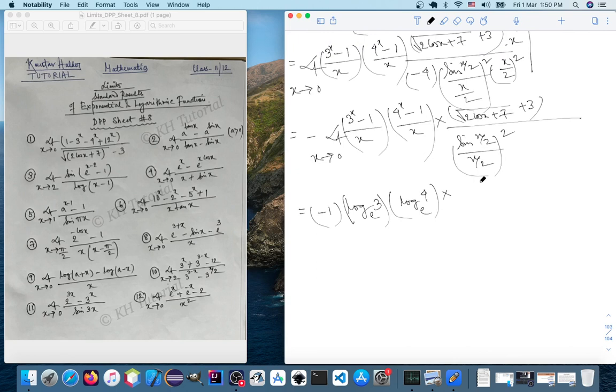Over here we will get 3 plus 3, 6, and this is 1 square. This becomes minus 6 log e 3 log e 4.